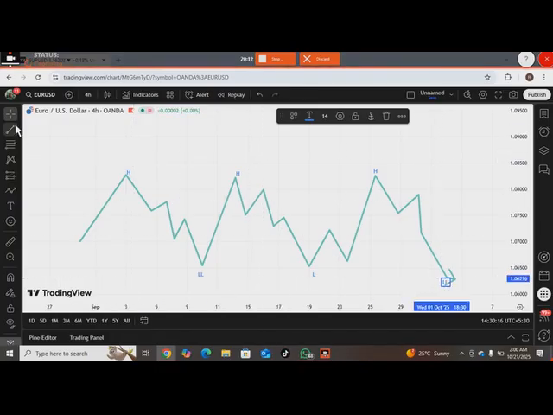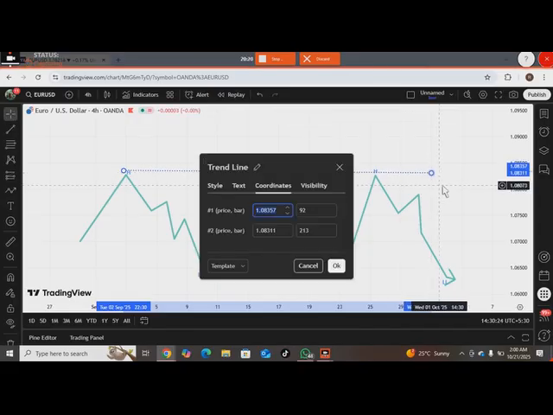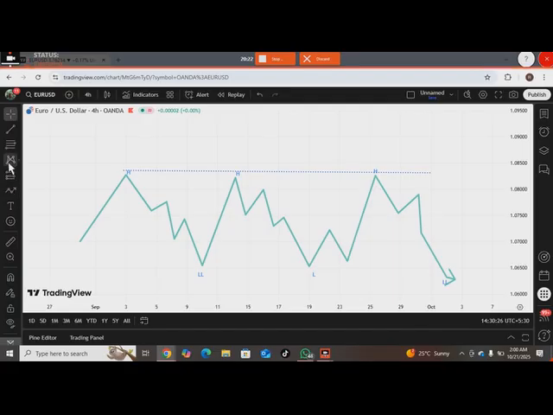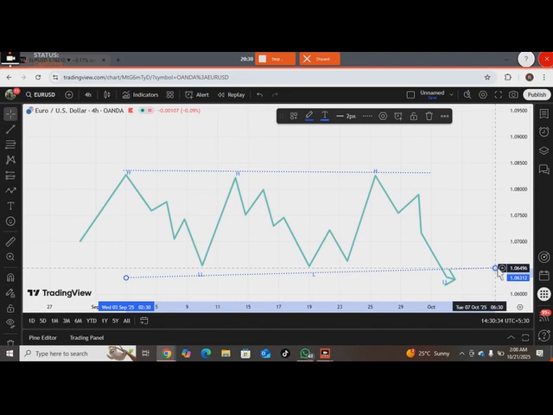It means that those who understand the concept of price action and support and resistance, this will be like a support area, and this will be a resistance area. So the market moves in that way.